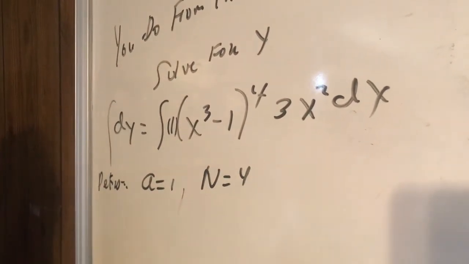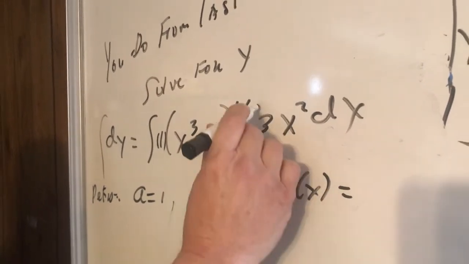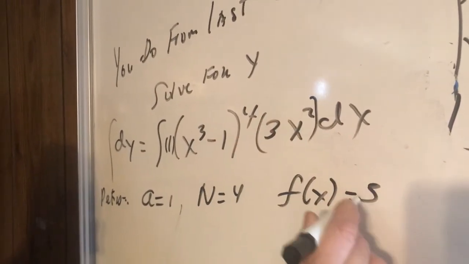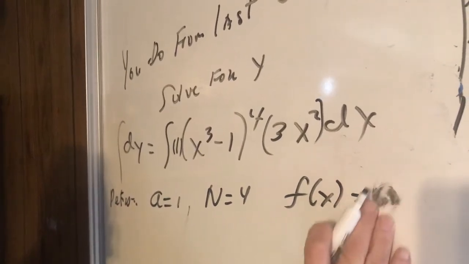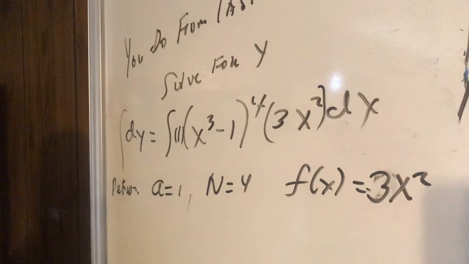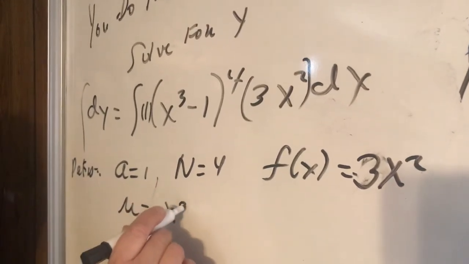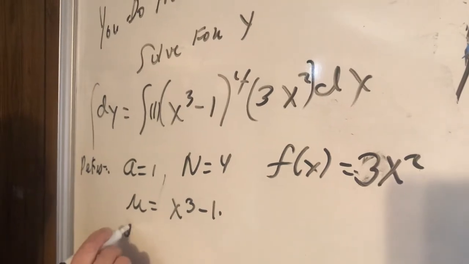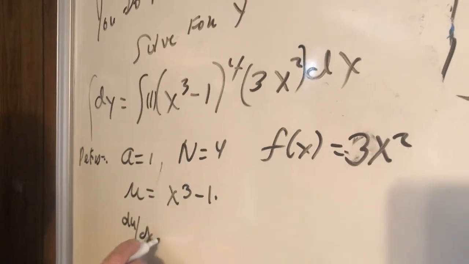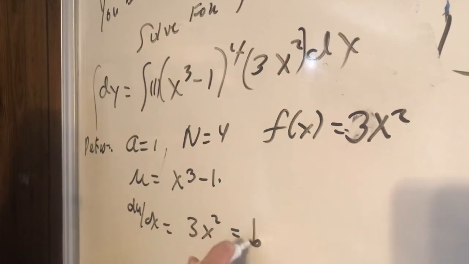F of x looks like a 1, equals 3x squared. U equals x cubed minus 1. du/dx equals 3x squared, which is our b.